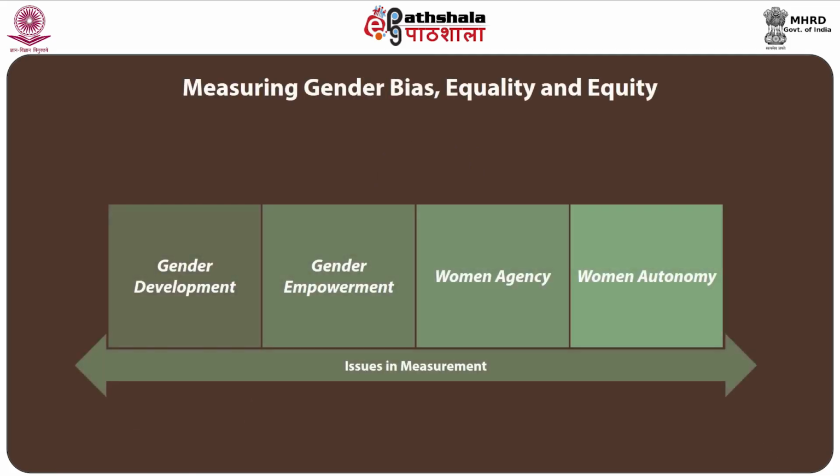Measuring gender bias, equality and equity are very important for studying the gender and sex concepts. Therefore, the UN and other organizations developed many summary measures of gender development, gender empowerment, women's autonomy and agency.